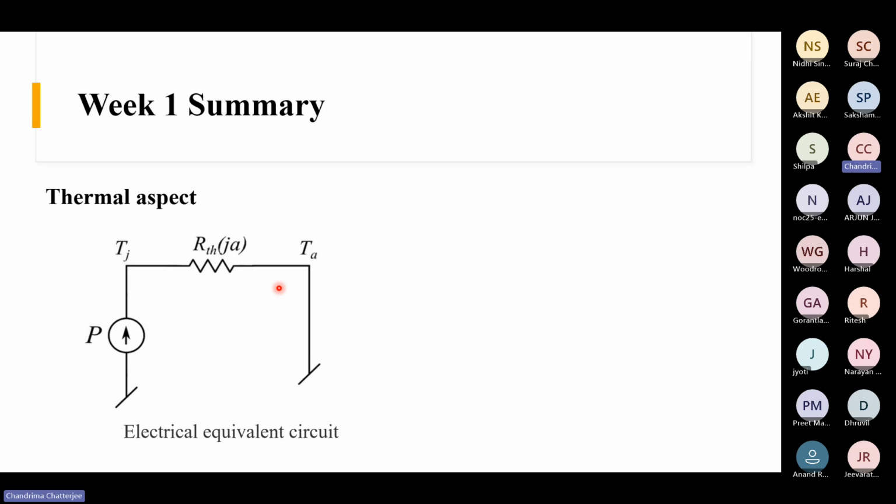As you already know, in an electrical circuit, current flows whenever there is a potential difference between 2 points, which is what we study in Ohm's law. Whenever there is a potential difference between 2 points and there is a resistance, the current through that circuit will be the potential difference divided by the resistance, right? So here also we have tried to do the same thing.